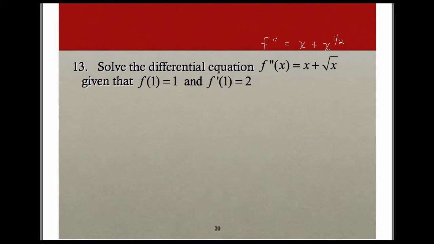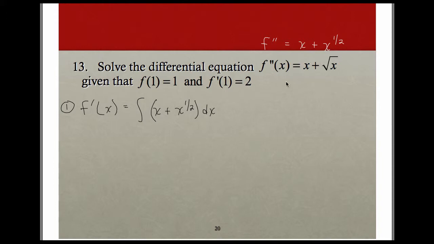All right, so the first thing I'm going to do is, if I were to take the antiderivative of that second derivative, that's going to give me my first derivative. And this, of course, is an antiderivative I know you know how to do.